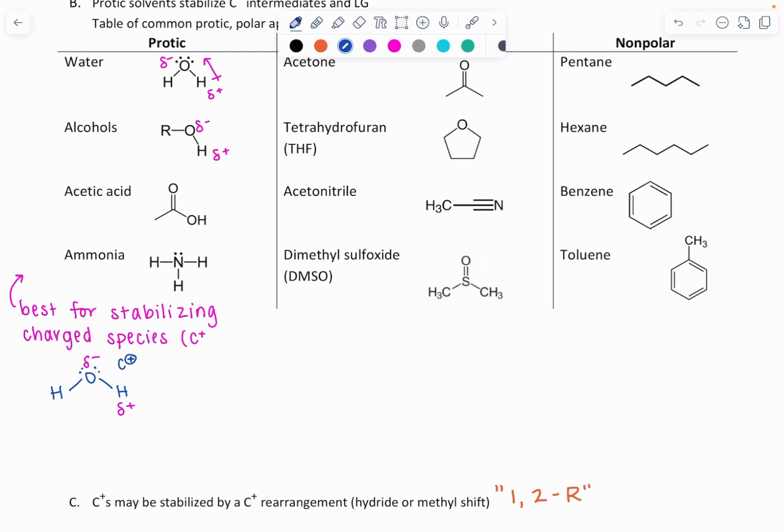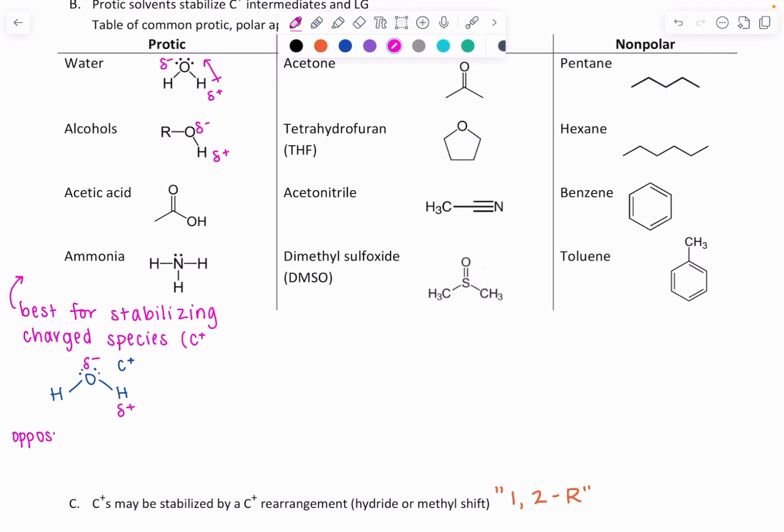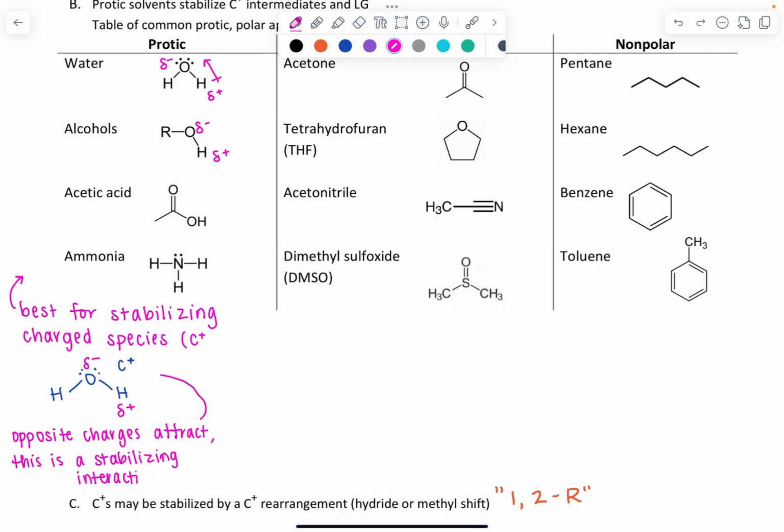So we can write this out: opposite charges, the positive carbocation and then partial negative oxygen.